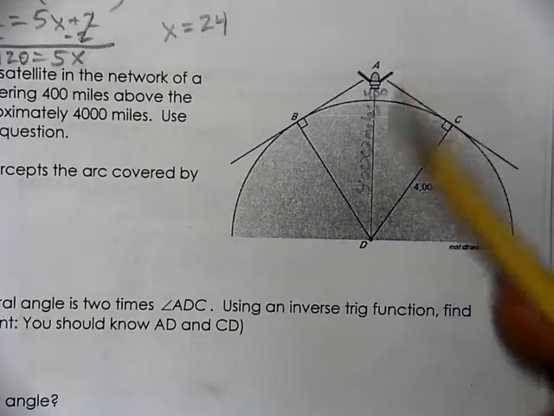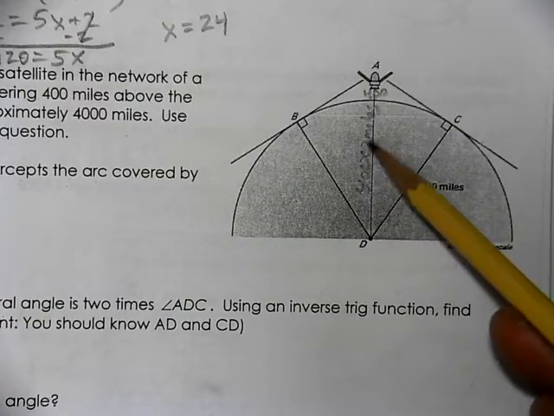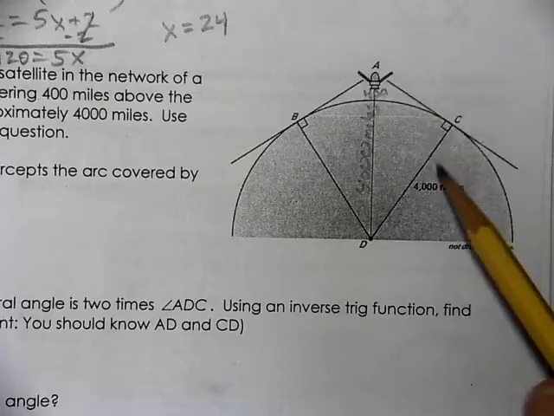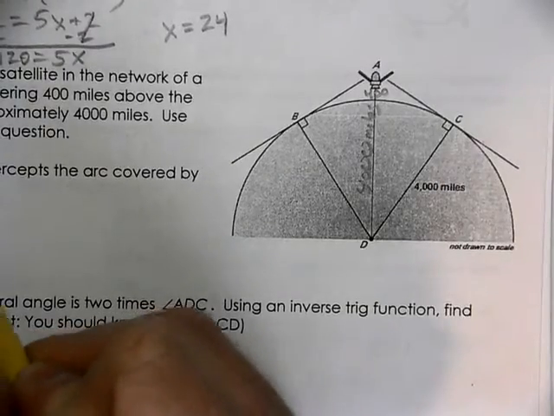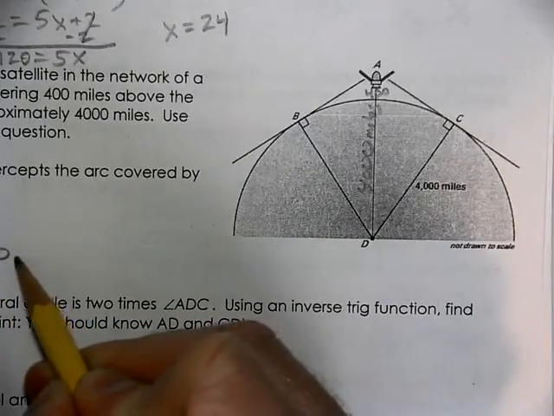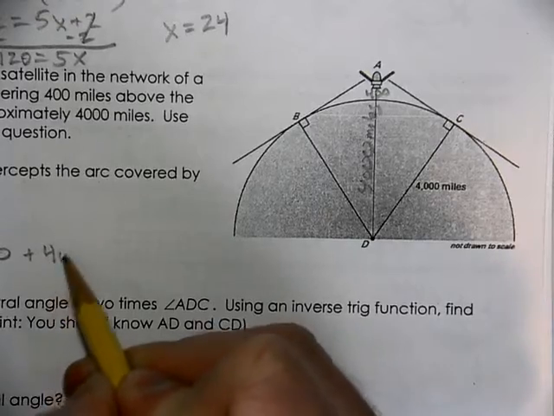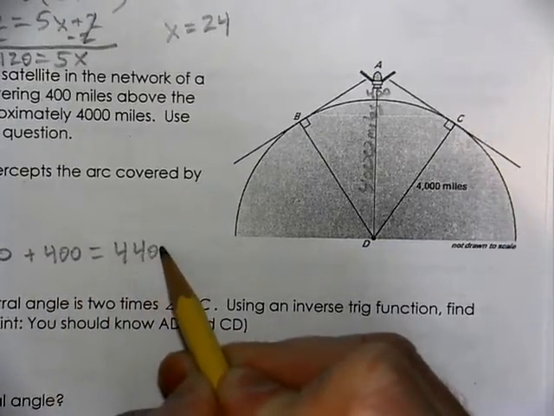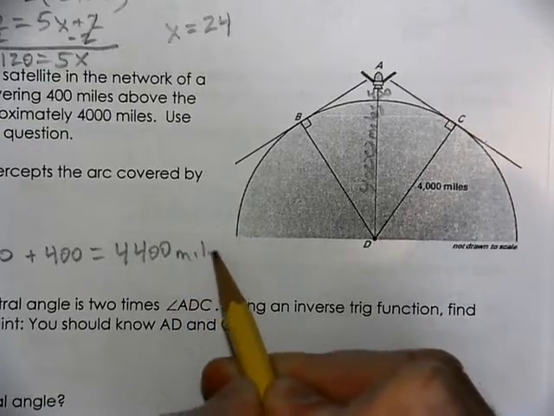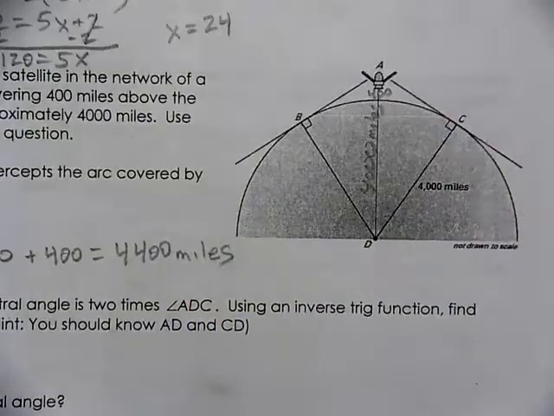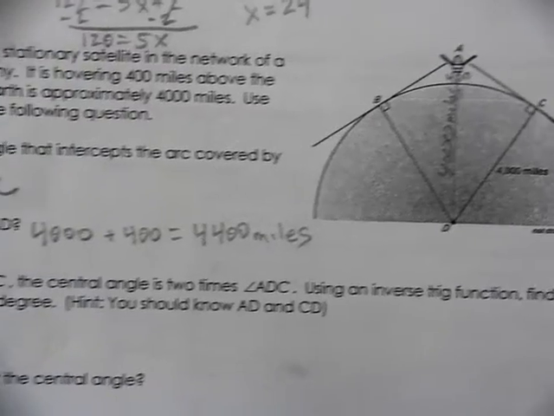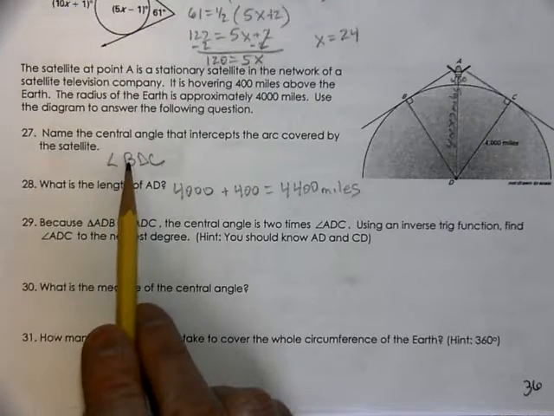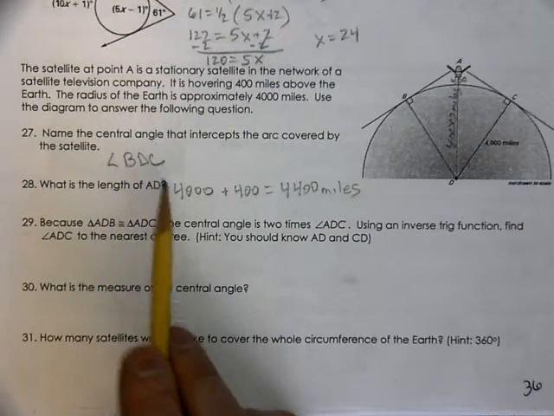The length of AD was the 4,000 miles plus the 400 miles. So that's 4,400 miles. Sorry, there's angle BDC.